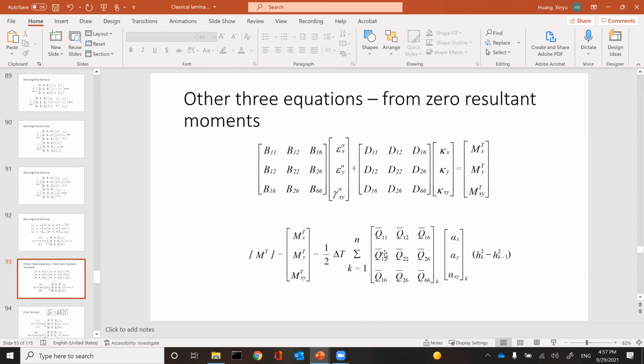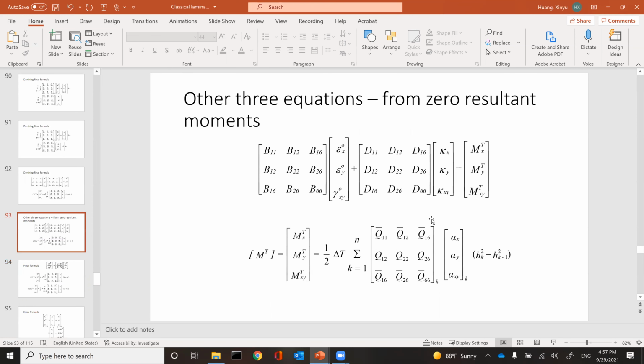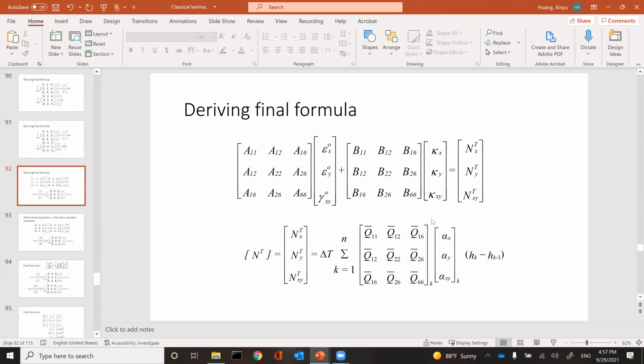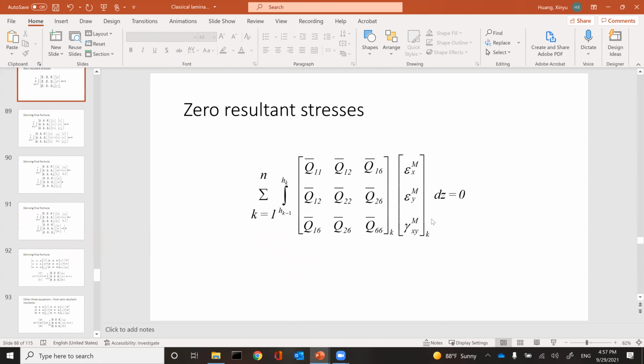You can figure out the total moment, and then argue that the total moment is zero, similar to this argument here.